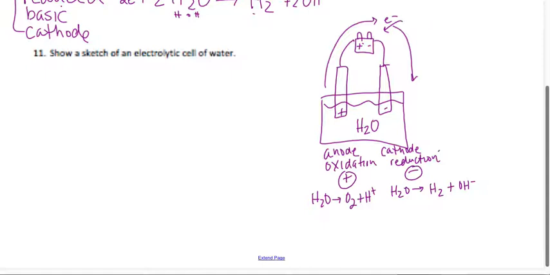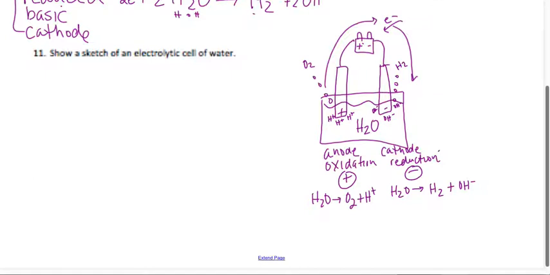So what goes on physically, we have hydrogen gas coming off of this puppy, and these OH minuses kind of float around, hanging out near the electrode. And on this electrode, we have oxygen gas being produced, and we have little H pluses hanging out.